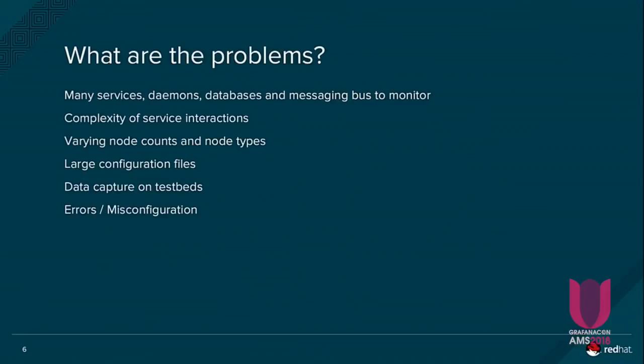So, what are the problems that we encounter with OpenStack? There's many services, many daemons, many projects. There's multiple databases within the database to monitor. There's a messaging bus. There's just the complexity of all these services interacting. And in any one OpenStack cloud, there could be varying node counts, varying node types, maybe a different layout of putting different services on different nodes or separating your control plane out.